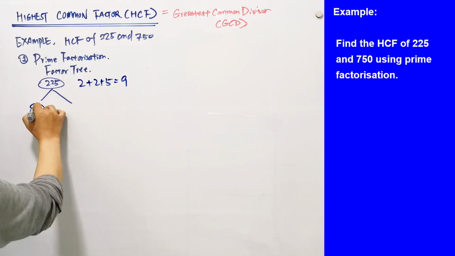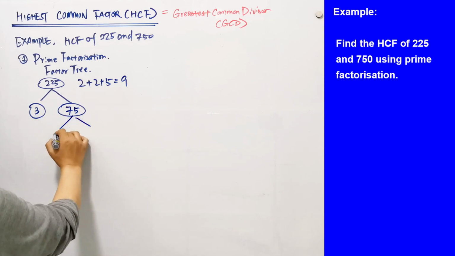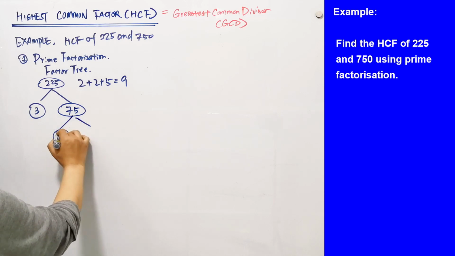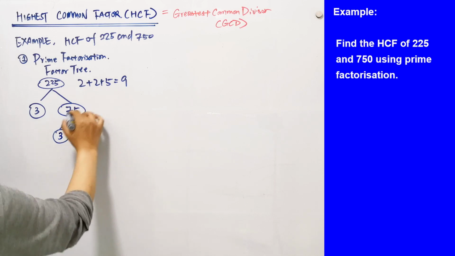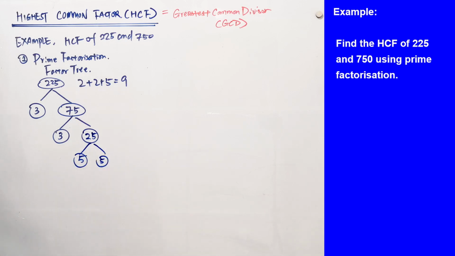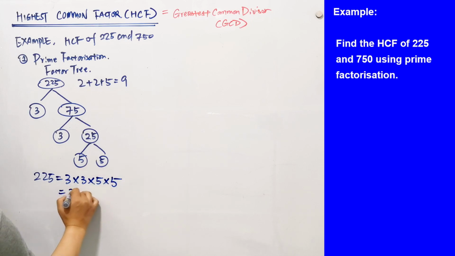So here, can we put 3? Then we get 75. The next one: can we put a 5? Can we put another 3? Okay, we put another 3. So 25, right? So continue: 5 and then 5. So what is the prime factorization of 225? 225 equals 3 times 3 times 5 times 5. So we get 3 squared times 5 squared.